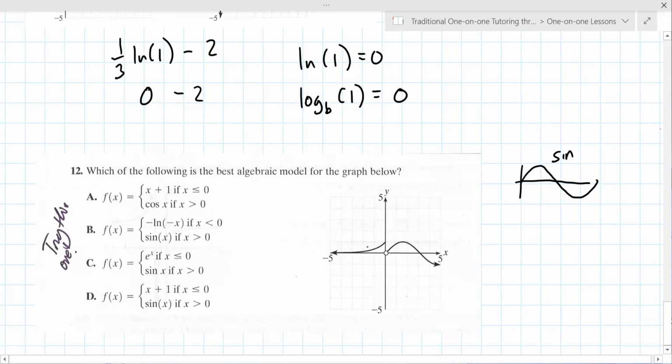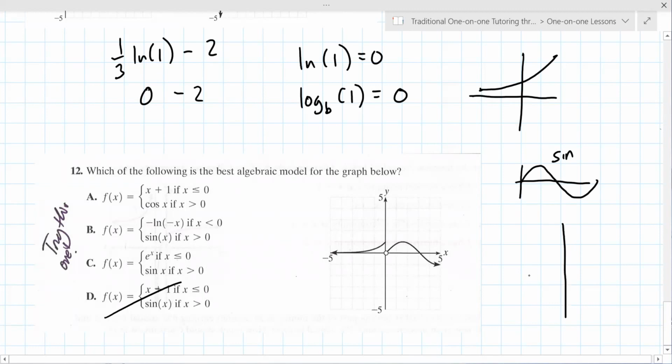This one's harder. You have to know what this is. Now it's a curve, so it's not x plus 1. Then we're down to e to the x and negative natural log of negative x, which could be either, truthfully. But let's see which one it is, because e to the x goes this way. But what does negative natural log of negative x do?